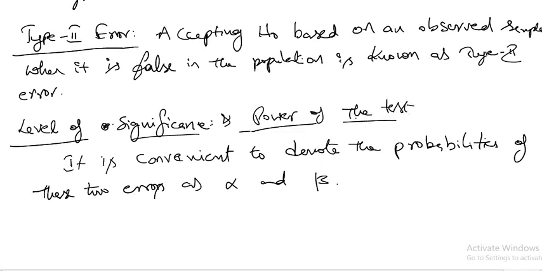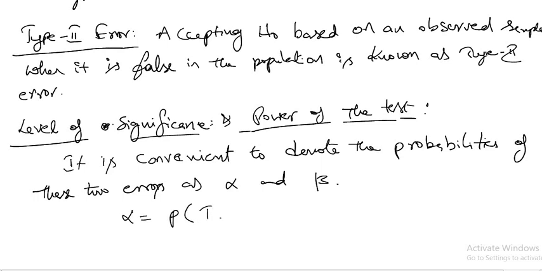Level of significance and power of the test. So both definitions jointly we can define. Before that we need to define the notations alpha and beta.